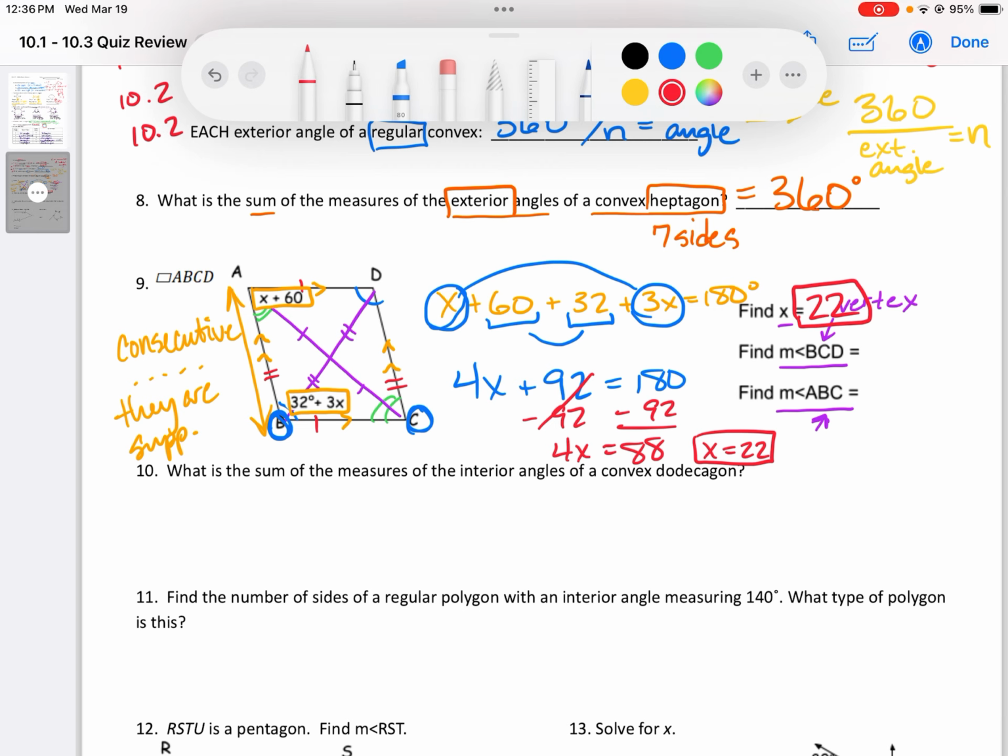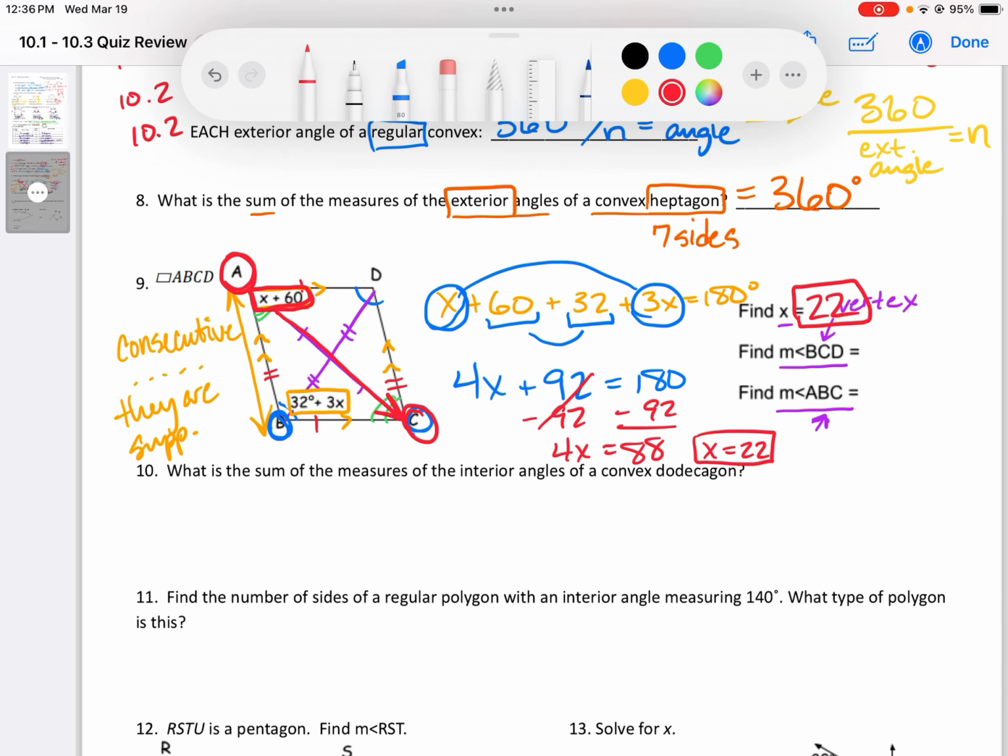All right, now that I know that x equals 22, I can plug it in to both of my equations. Now, why would I want to plug it into x plus 60? X plus 60 is angle A, but it's across from angle C. And C is the one I'm looking for.